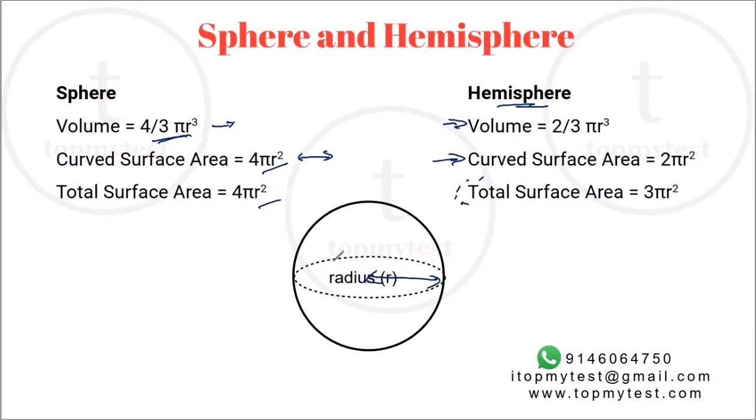Because when you take only half of the sphere, a circle of radius r is exposed. So you need to add that to get the total surface area. Be a little careful about this property. Versus a total surface area of a sphere, for a hemisphere you just cannot take half. You'll need to add the area of that circle which is exposed as a result of cutting the sphere into two parts.